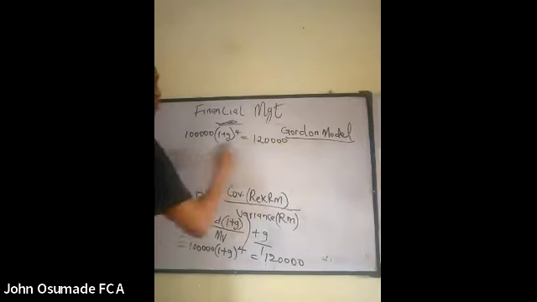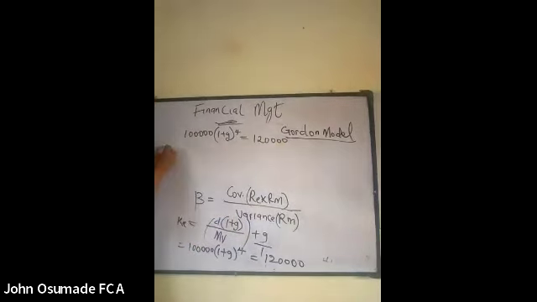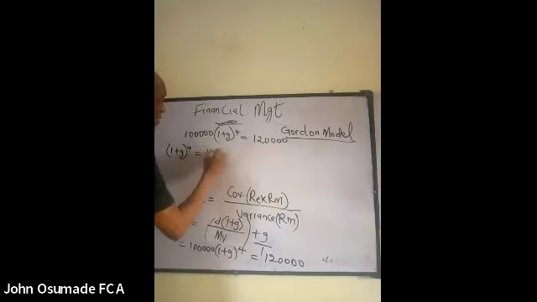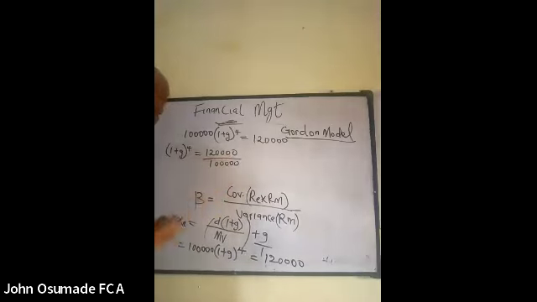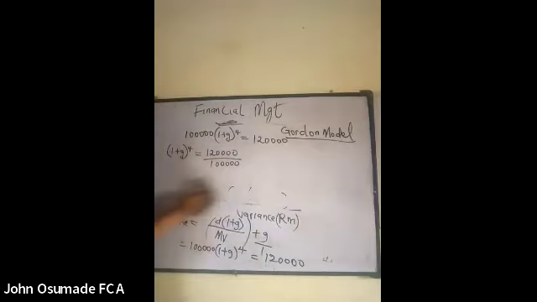Now, using change of formula, what it means is that 1 plus G raised to 4 equals 120,000 divided by 100,000. Are we there? Yes, sir.